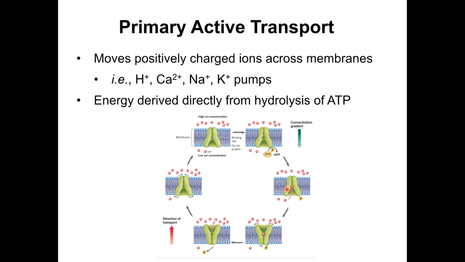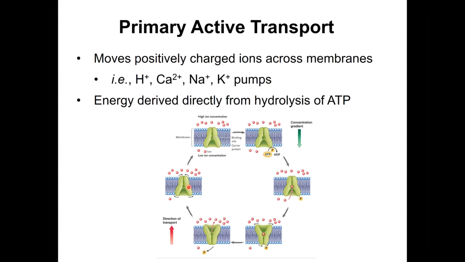The change in conformation reorients the binding site of the ion from the area of low concentration to the area of high concentration, so that the ion can be released in the area of high concentration.